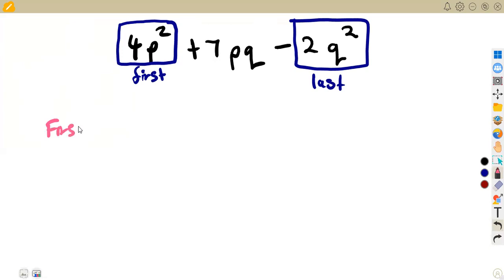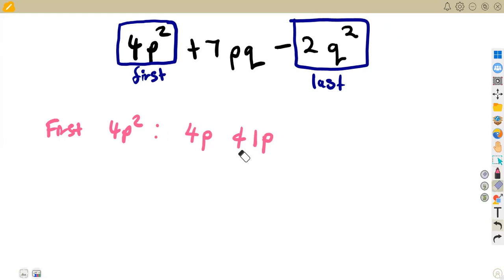So from our first, we're gonna try to have our products here, which is 4p squared. So two numbers that we can multiply to give us 4p squared. The first number, you have to consider 4. So it's going to be 4p and what? And p, which is 1p. Okay, 4p and 1p.